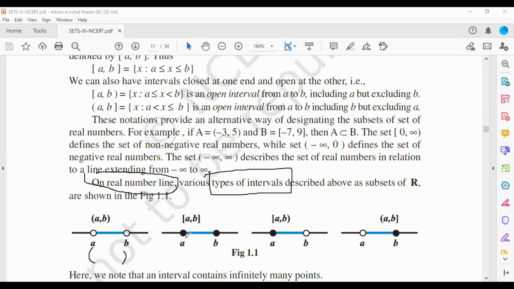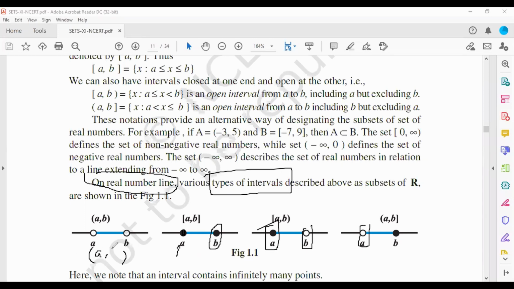Here A is included and a dot is placed. I showed you that a dot placed means it is included. A hollow dot means not included.